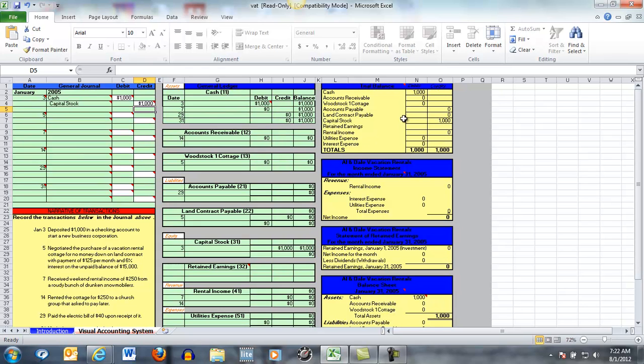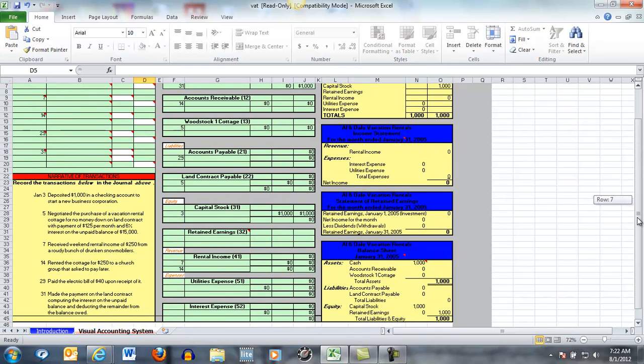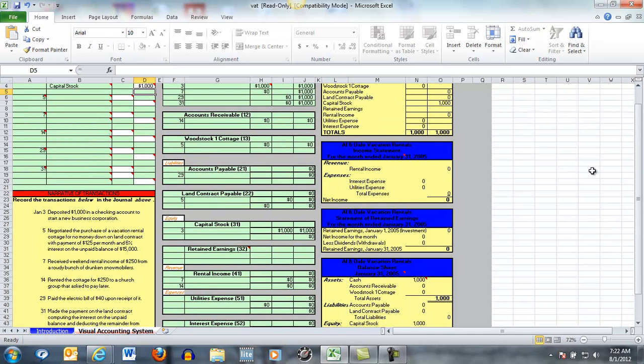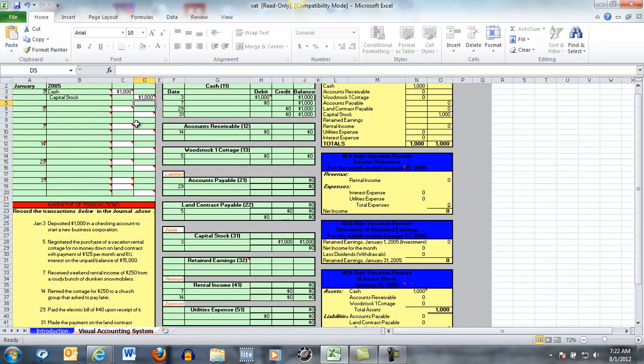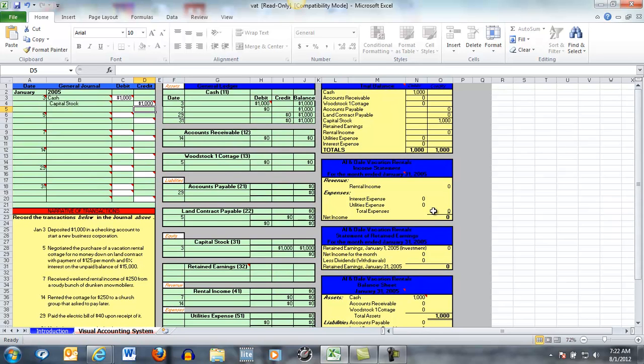And notice over here, the trial balance is still in balance. Notice that. And then we can see that the equity account was updated. So once you have recorded all the transactions in the journal, debit and credit fashion, all the ledger accounts will be updated, the trial balance will be updated, and if you've done it right, you will have completed financial statements.